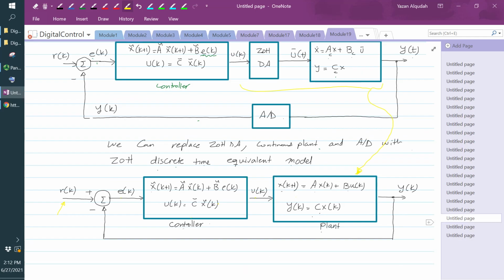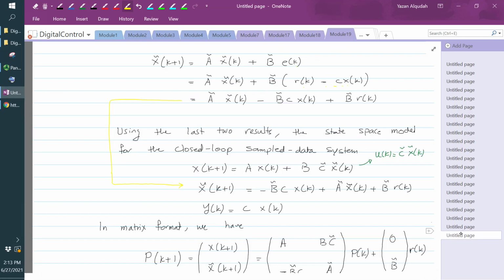So looking here, e of k is equal to r of k minus the output y of k, but the output y of k is C multiplied by x of k. Therefore, x tilde of k plus 1 is equal to A tilde x tilde minus B tilde multiplied by C multiplied by x of k plus B tilde multiplied by r of k.